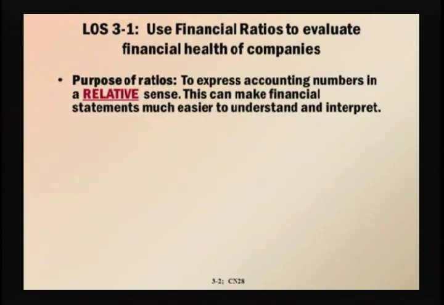The purpose of ratios is to take the accounting numbers from a firm's financial statements and put them in a relative sense. Thus, complicated financial statements can be much easier to understand and interpret.